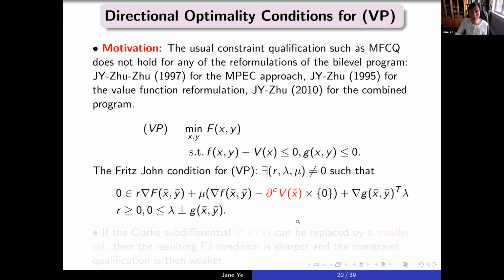So the usual constraint qualification does not hold for any of the reformulations. So we'll use the following.